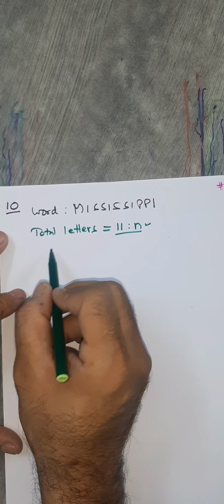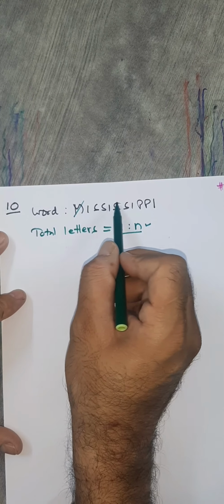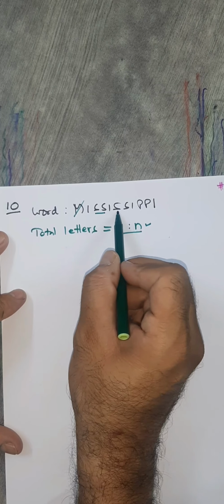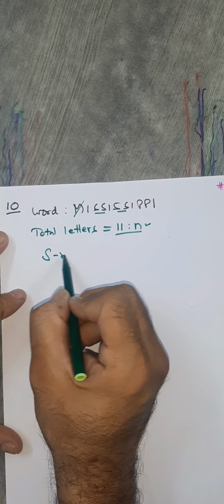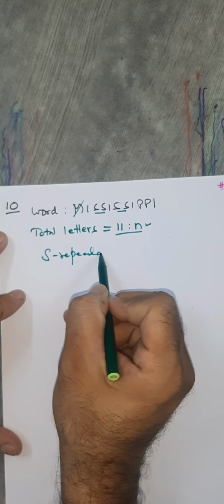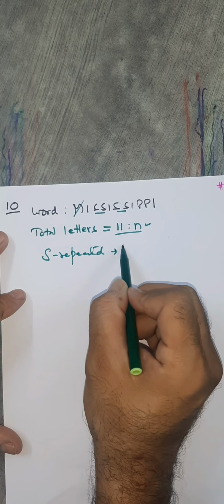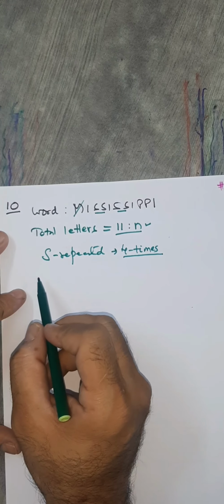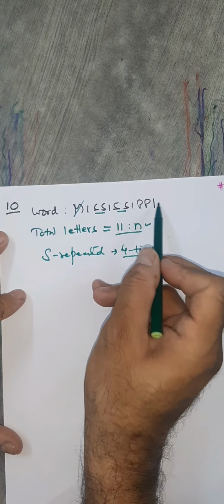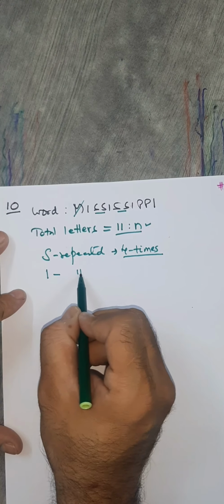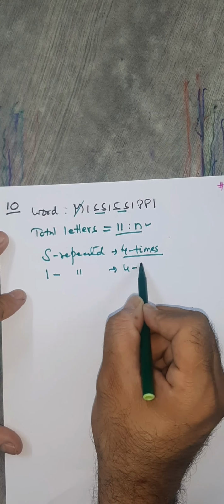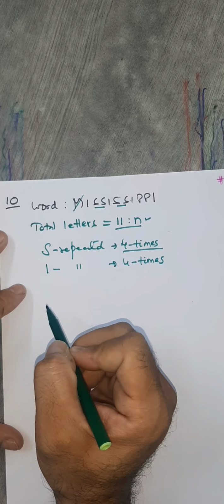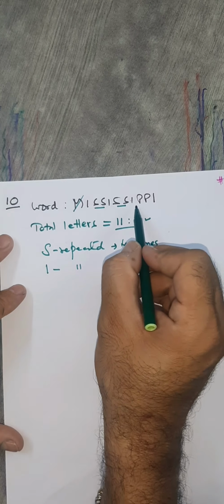Yes, there is repetition. M is only once, so it has no meaning. Here S is repeated how many times? 4 times. I is repeated how many times? Again 4 times. Okay, is there any other repetition? There is one more, P.